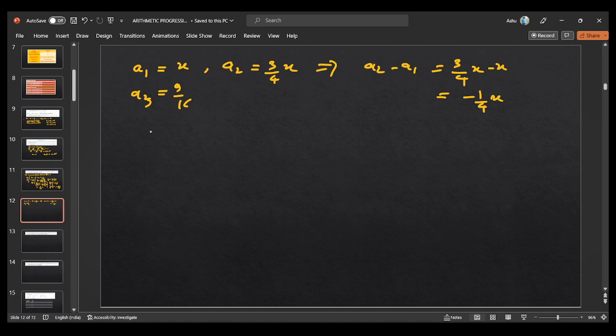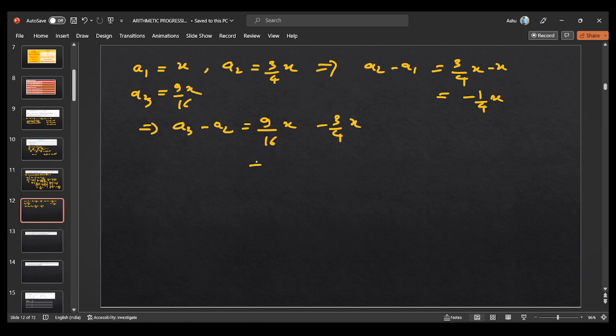Now A3 minus A2, A3 is 9 by 16 x, minus 3 by 4 x.